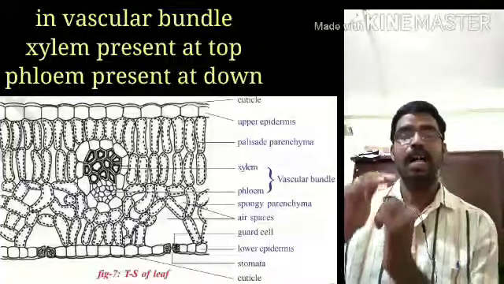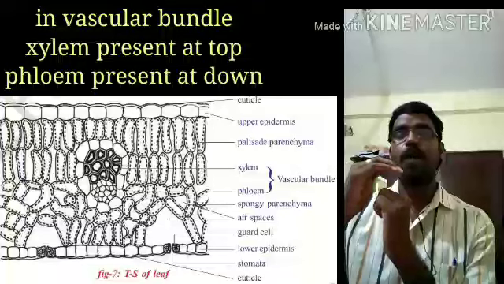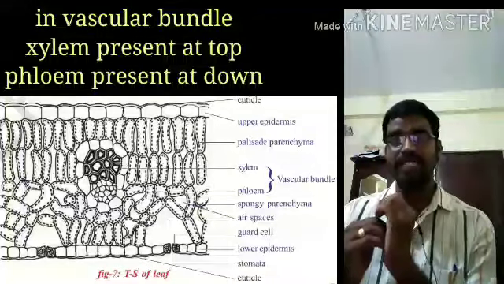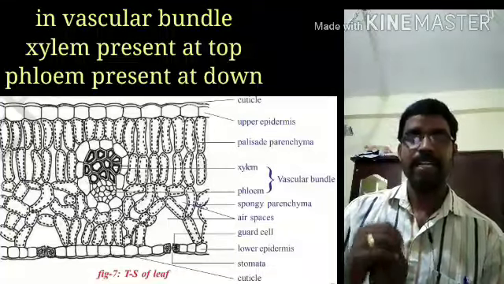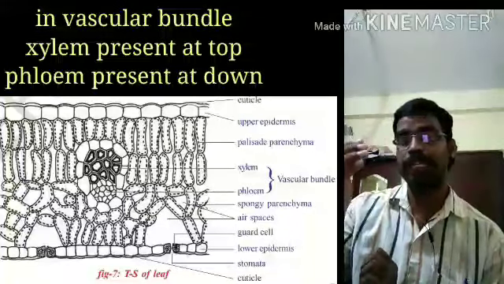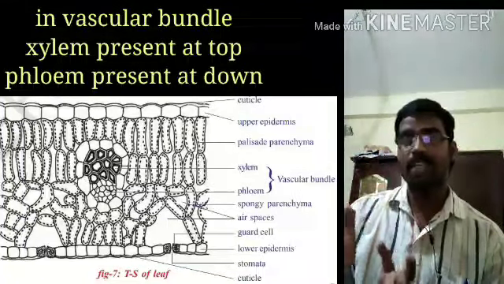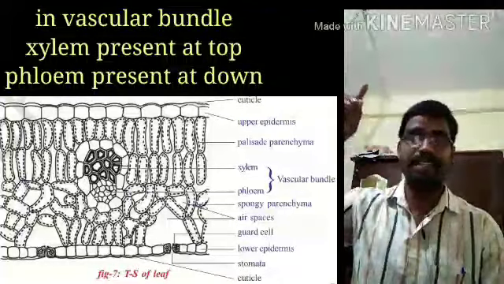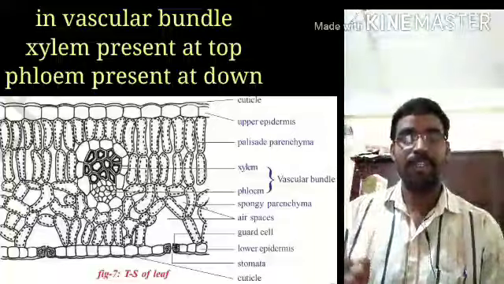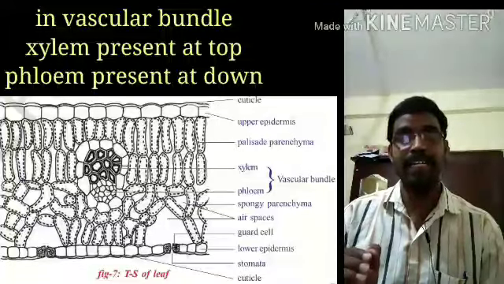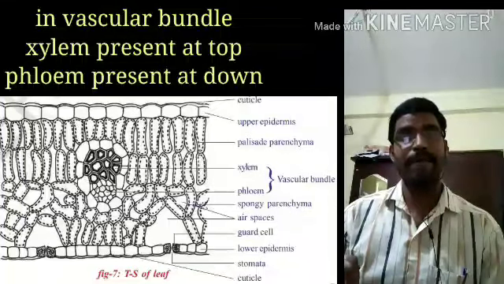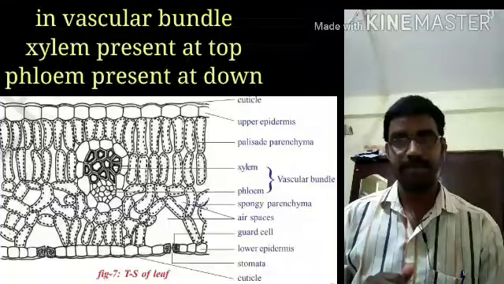Xylem is present on the upper side of the vascular bundle, and below we see the phloem tissues. Xylem transports material from the lower to higher parts of the plant, but phloem transports material from upper parts to lower parts. That's why phloem appears on the lower side.